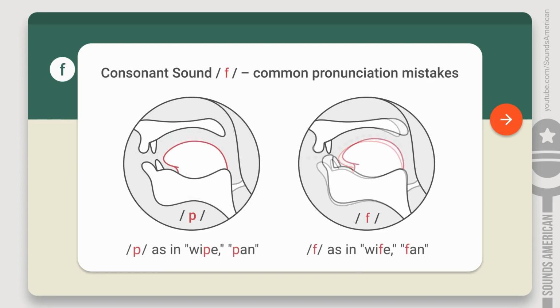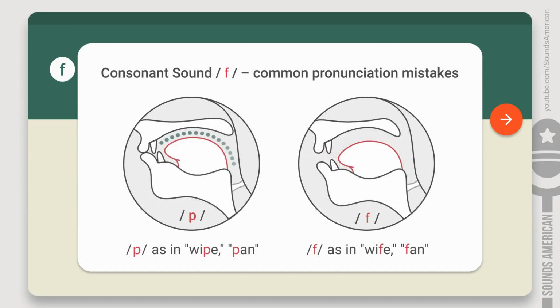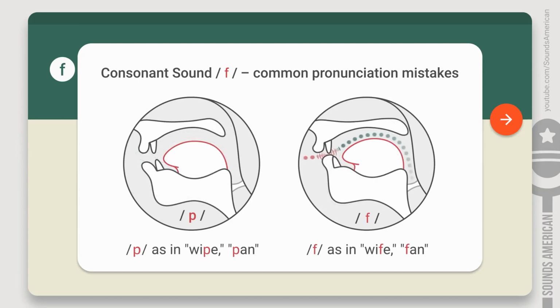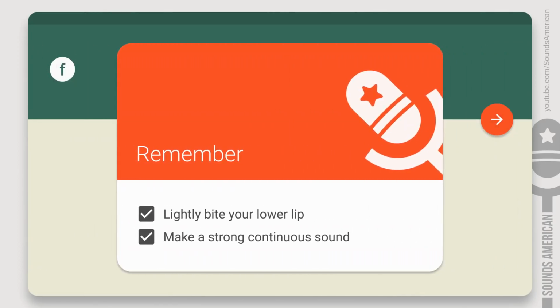Wipe, wife, pan, fan. See how this changes the meanings of the words? Make sure to lightly bite your lower lip with your teeth and release a stream of air between them, producing a strong, continuous sound.